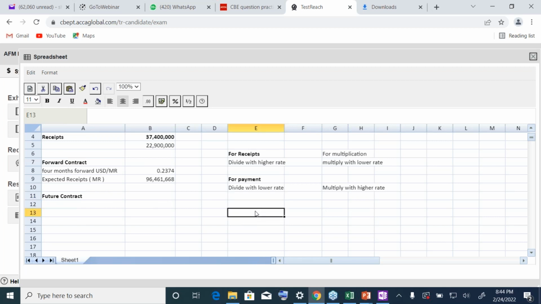Or if you want to remember a few points: import, payment, expense, loss, in all these cases, divide with the lower rate.